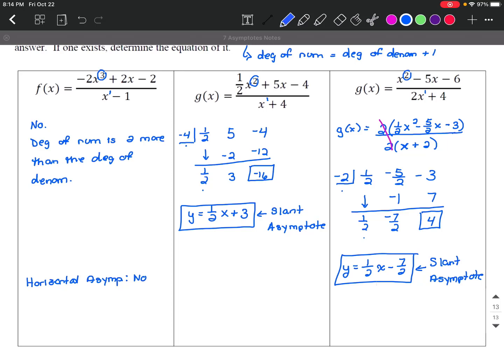Also, looking at this simplified function, if we look at what's left in the denominator and set it equal to 0, that will tell us where our function has vertical asymptotes. If we take a look at what's left in the top of our function and set it equal to 0, that will tell us where the x-intercepts or the roots of our rational function are.